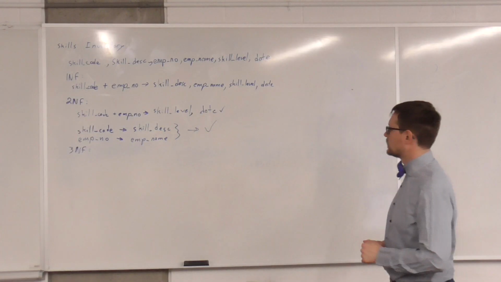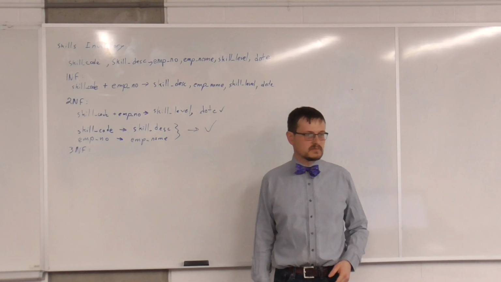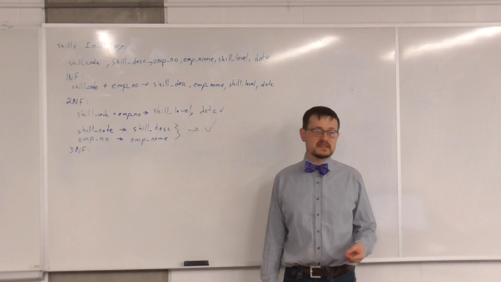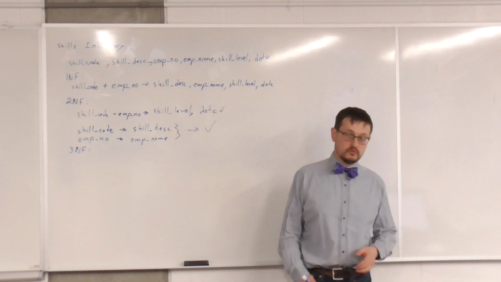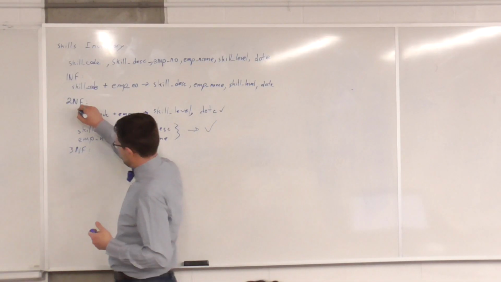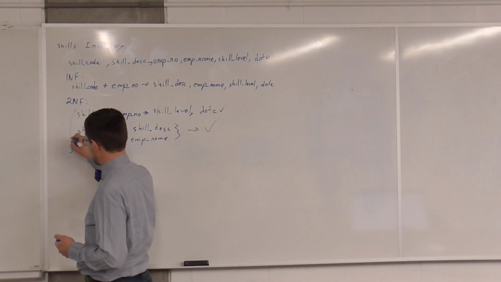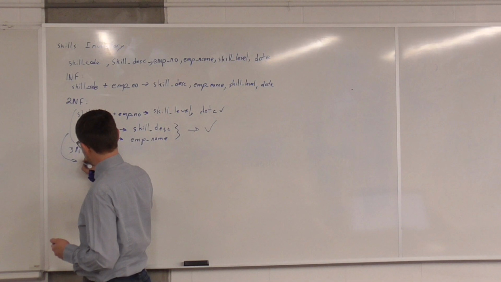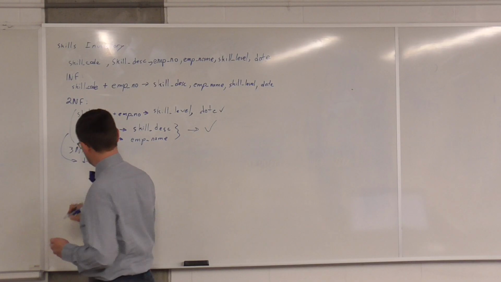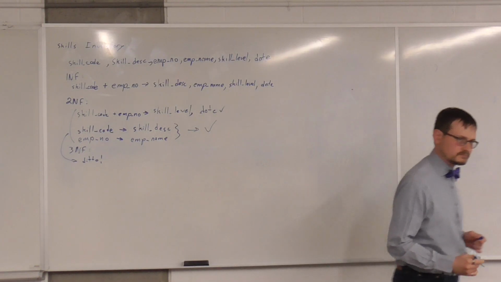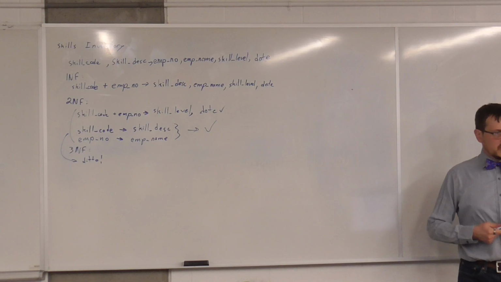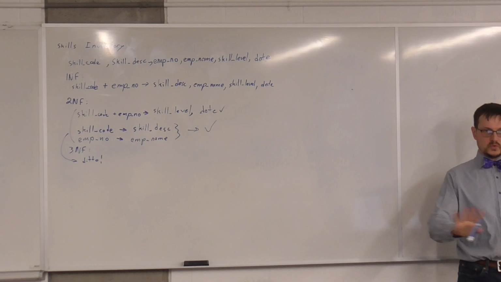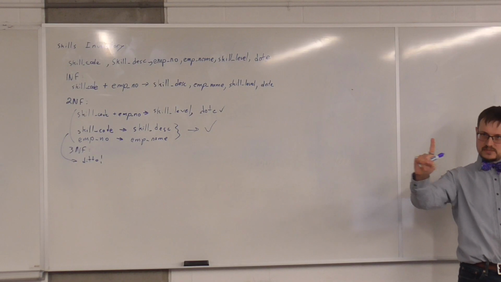So our way of saying that is that our third normal form is identical to our second normal form. If you wanted, you could take all of this and write it again, but I'm just going to say ditto. Right? Make sense? Okay. That's one report.